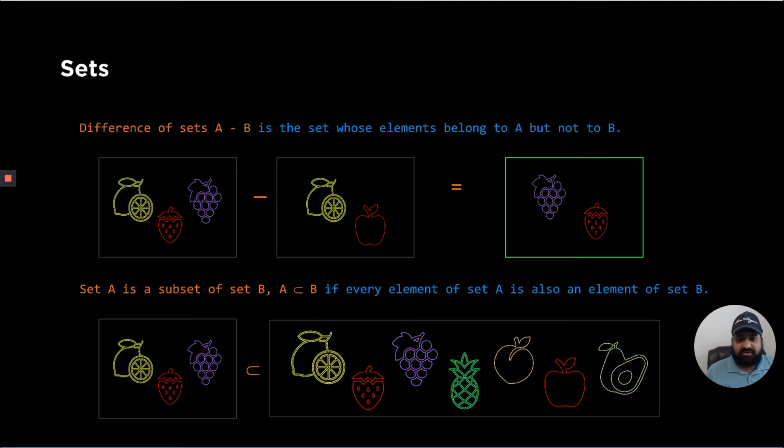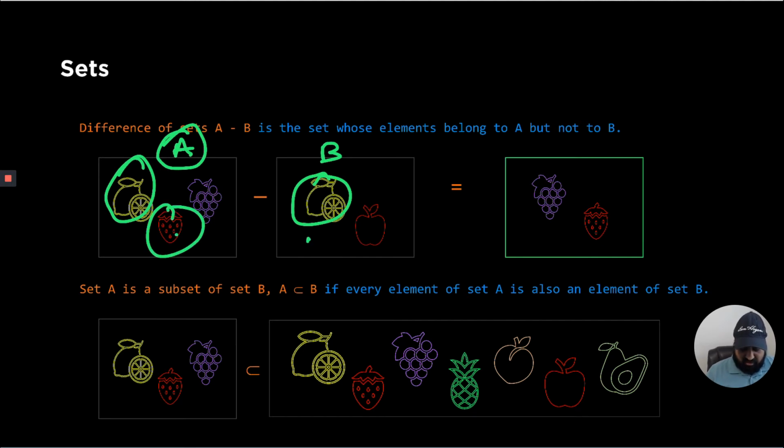Next, we have this difference operation. So in case of two sets A and B, if we want to find the difference of two sets, the final answer will contain all the elements that are in A but not in B. So lemon is in both sets, so they do not satisfy this condition. Strawberry is in A but it's not in B, so it will be in our final answer.